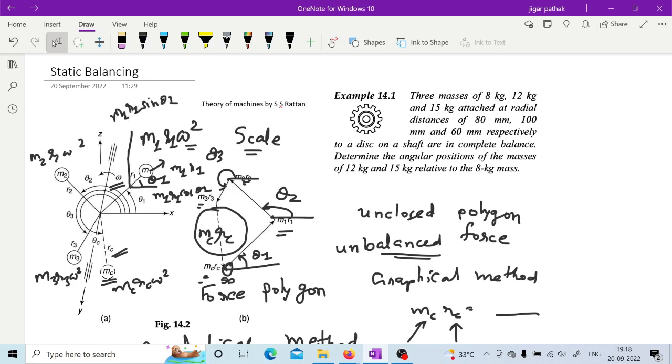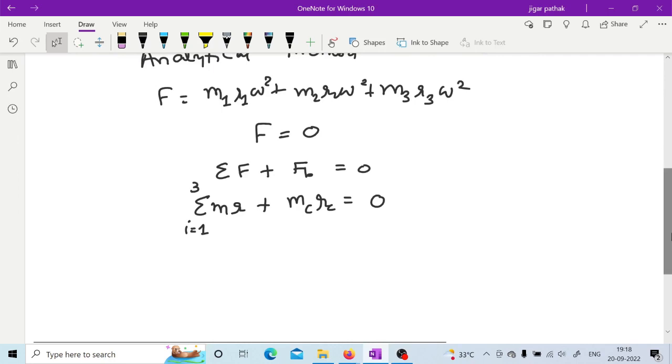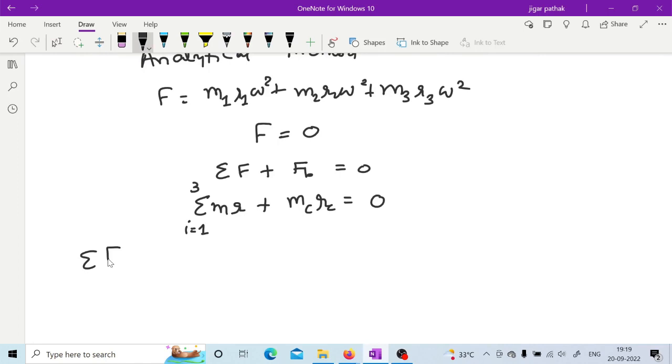Similarly for mass 2 and mass 3, it will have components m2 r2 cos theta 2 and m2 r2 sin theta 2, like that. So if you take sigma of forces acting in the horizontal direction equal to 0, you will get sigma mr cos theta plus mcrc cos theta equals 0. Again here i is equal to 1 to 3 in our particular case, right?